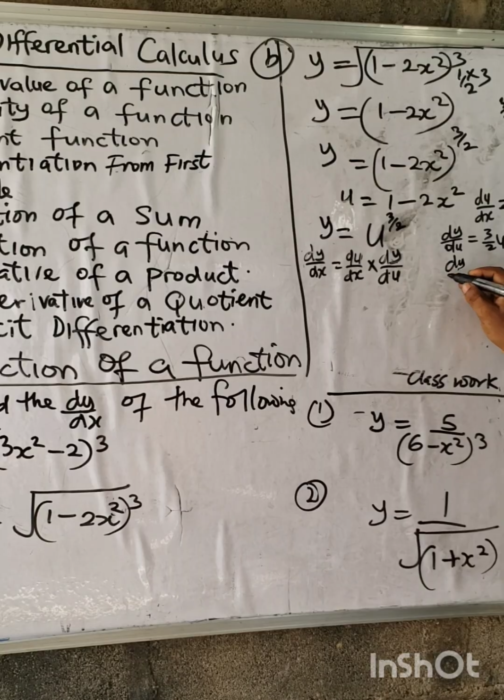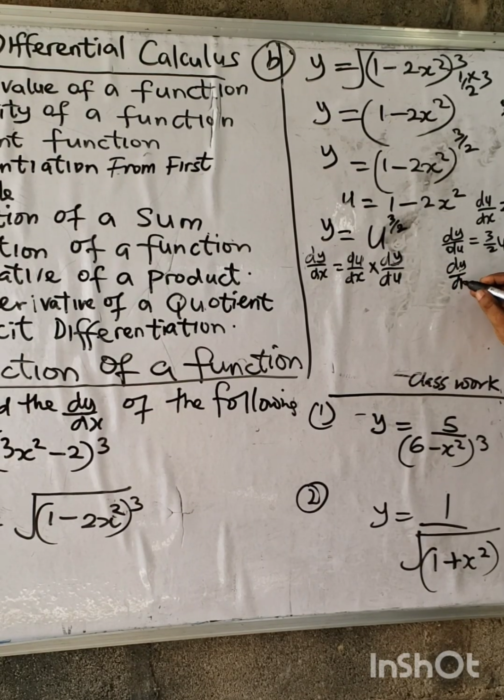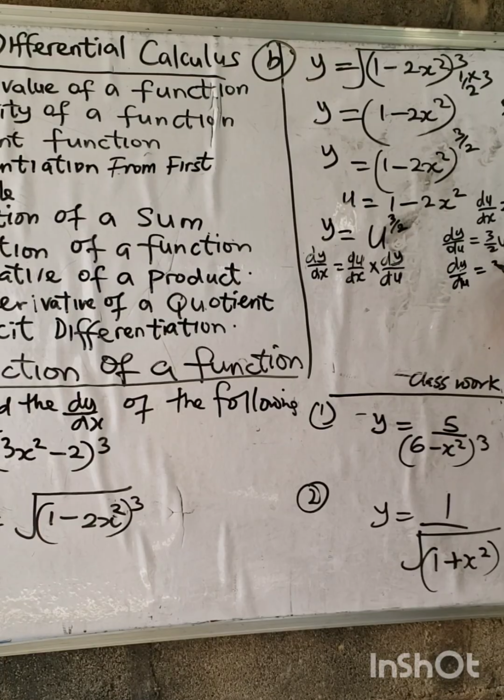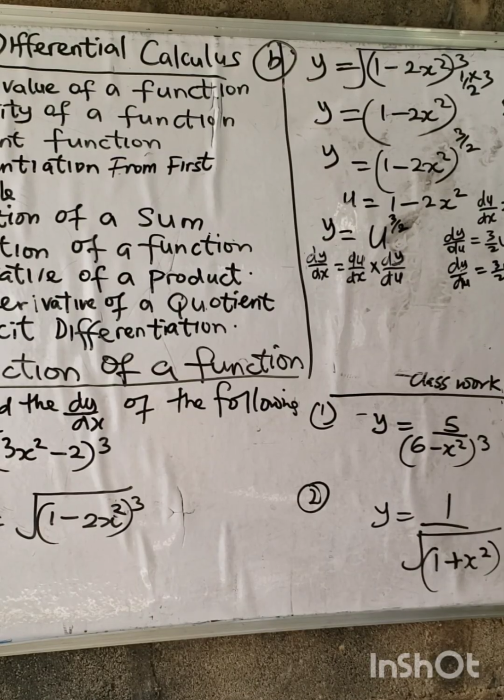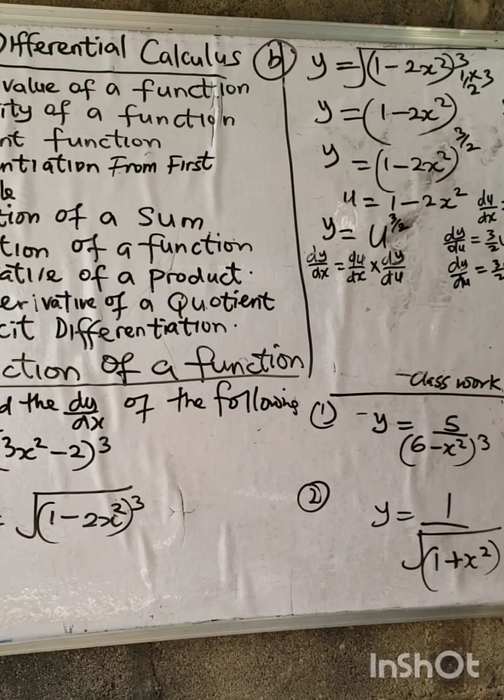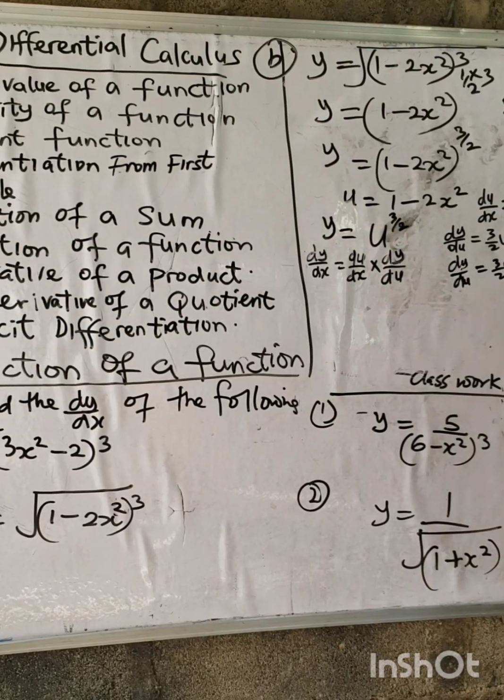Therefore, dy/du equals 3 over 2 u raised to power 1, and we don't need to write the power 1. It means 3 over 2 u.